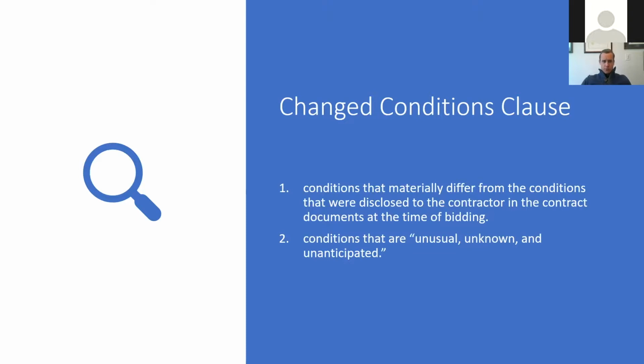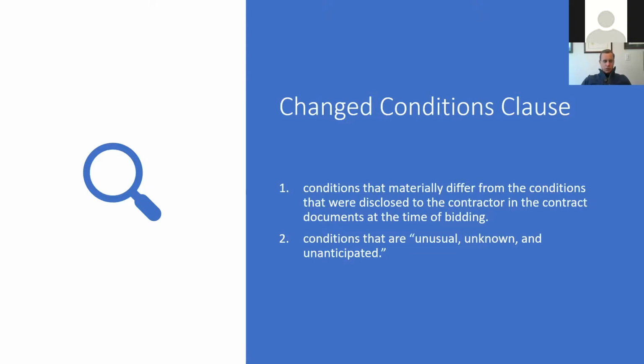Generally speaking, in a contract where an owner agrees to pay a contractor for change conditions, an owner will agree to pay for two types of change conditions. First are those conditions that differ materially from the conditions that were disclosed to the contractor at the time of bidding. To use the example of the residential project, an architect prepares drawings.